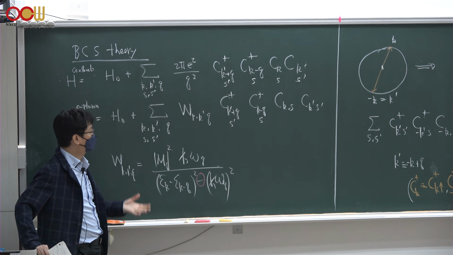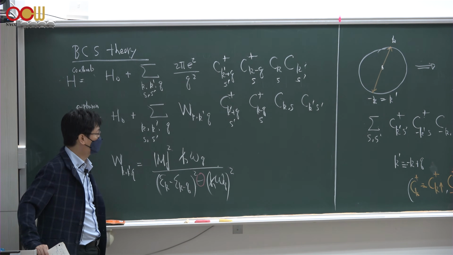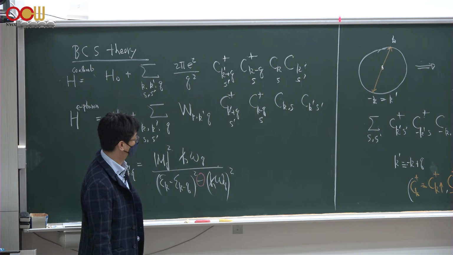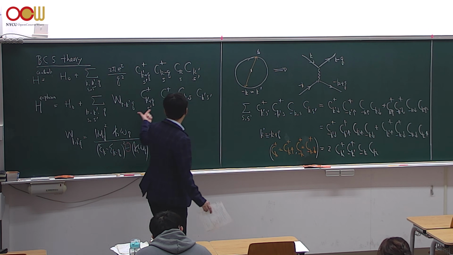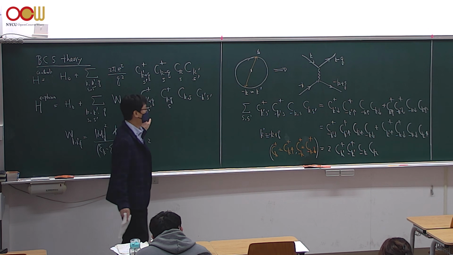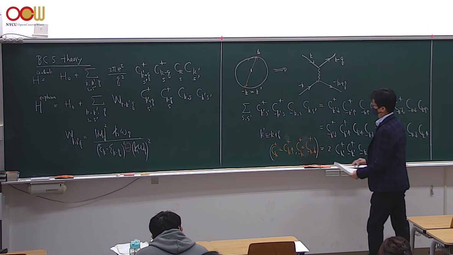Okay? So we could take advantage of such a Hamiltonian, and we could simplify this based on this Cooper pairing that we just described. And remember, when you sum over all this momentum k prime and spin s prime, and momentum transfer, we need to impose the Cooper pairing. Okay?